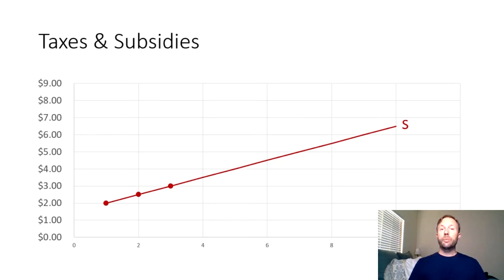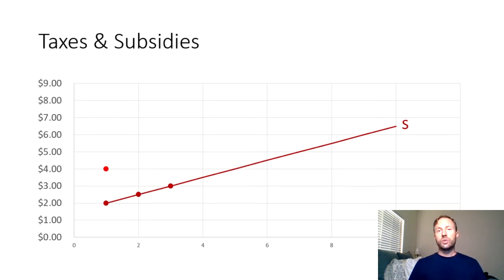Okay, now suppose that the government imposes a per unit tax on this market. Maybe what we're selling here is boxes of cigarettes, and they now say there's going to be a $2 per pack tax imposed on cigarettes. All right, well, that first box of cigarettes that cost you $2 to produce, now if you sell it, the government is going to charge you $2 in taxes.